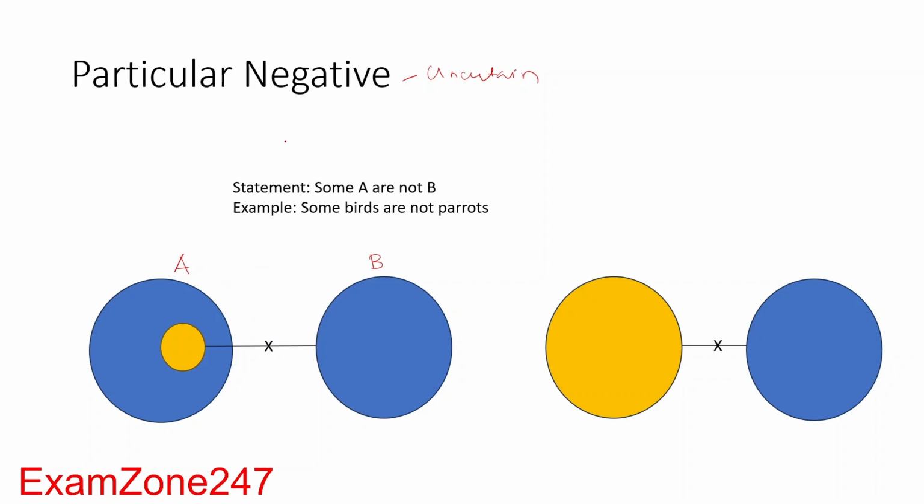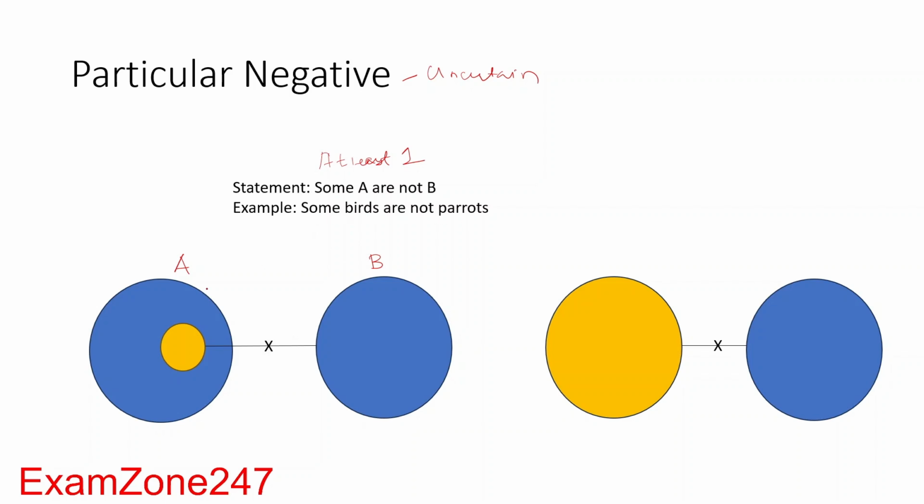Now, as I told you earlier, some means at least one. At least one A is not B. That means definitely, for sure, you know that some part of A is not B. Okay, now I'll tell you with an example.